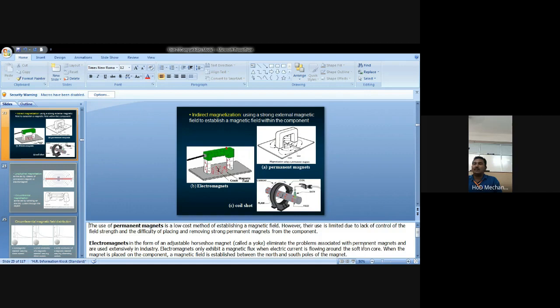These electromagnets eliminate the problems associated with the permanent magnet and are used extensively in industry. An electromagnet only exhibits a magnetic flux when electrical current is flowing around the soft iron core.